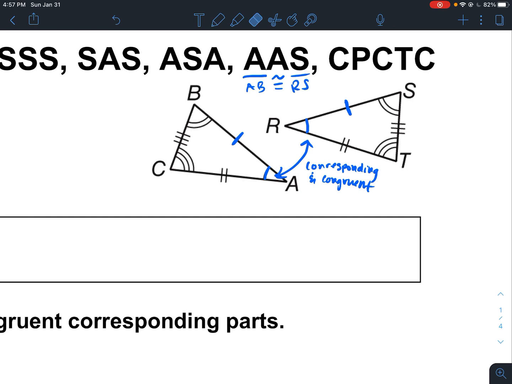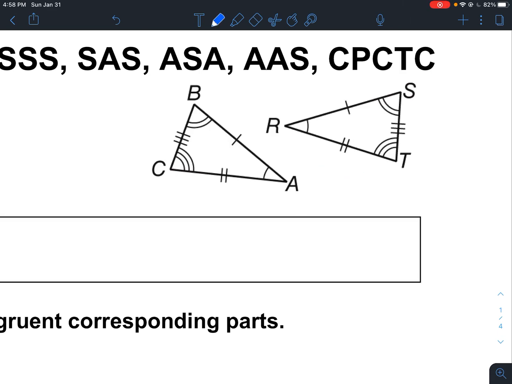Then we have two lines here and two lines here. So CA and RT are two line segments that are congruent. And then there's a double line through this angle and a double line through this angle, so angle ABC is congruent with angle TSR.